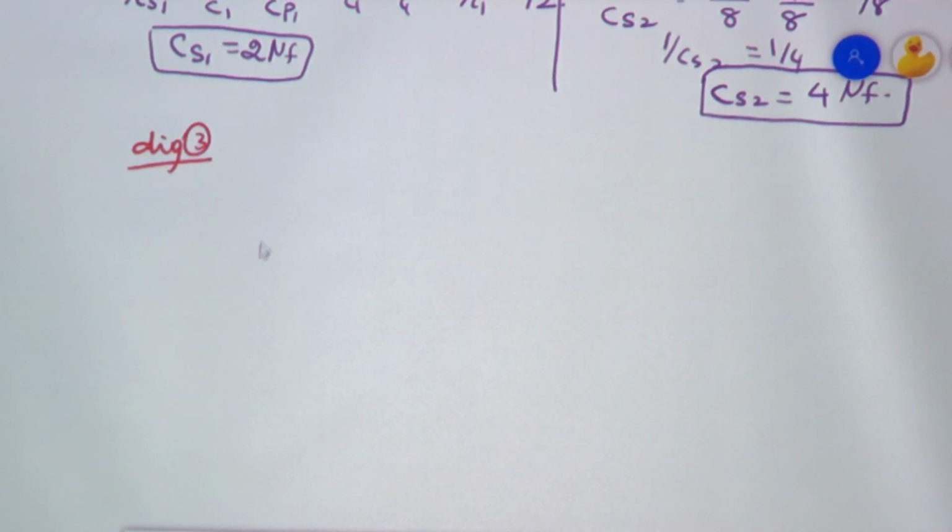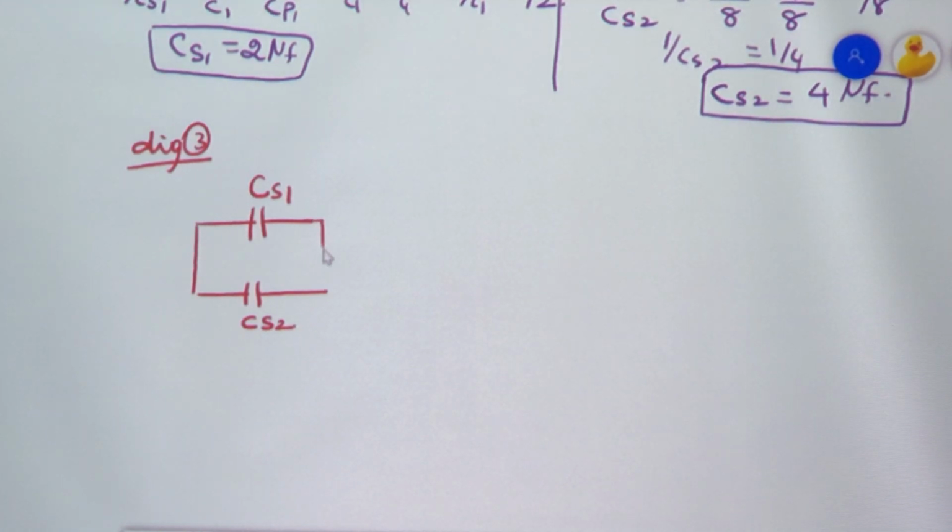I have to replace the two capacitors with a single capacitor, which is Cs1. Then in the bottom also, the two capacitors are simplified into a single capacitor, which we write as Cs2. And these two are connected here. Here you have the point Q. Here you have the point P.